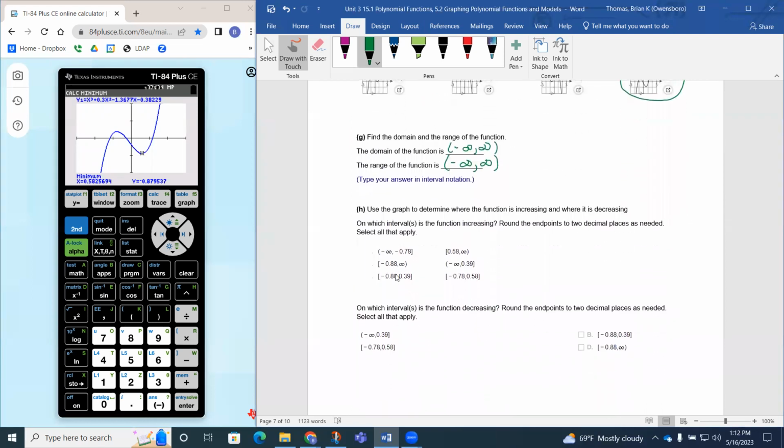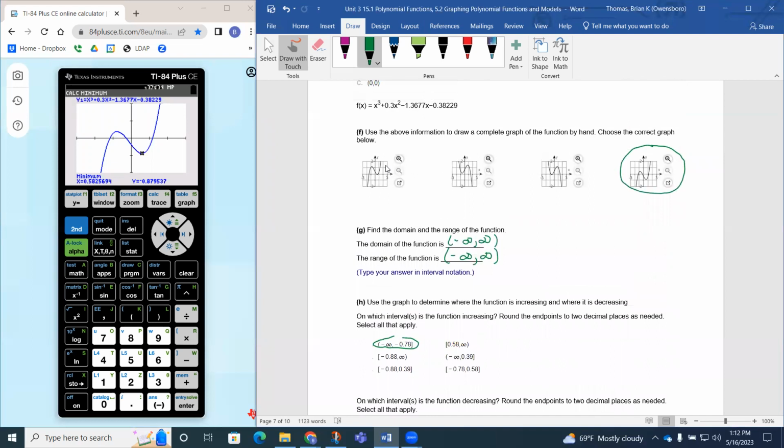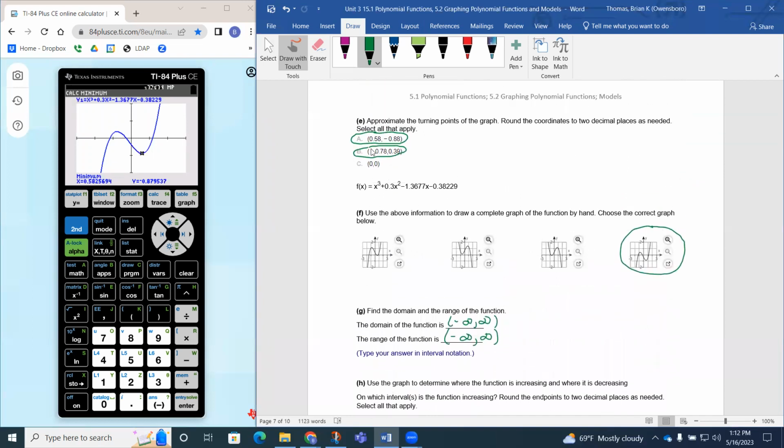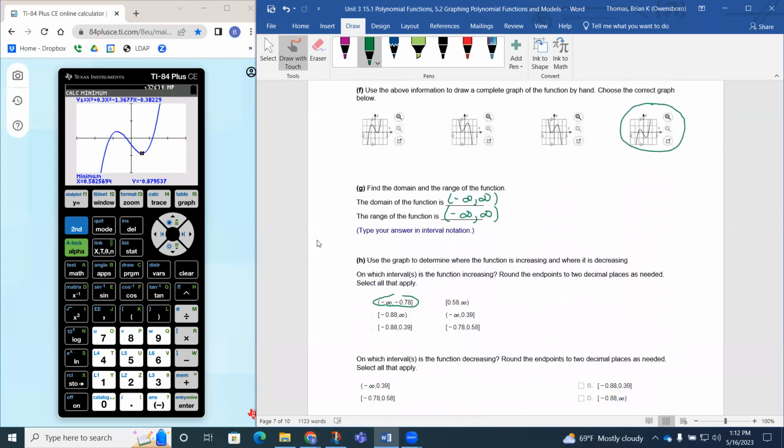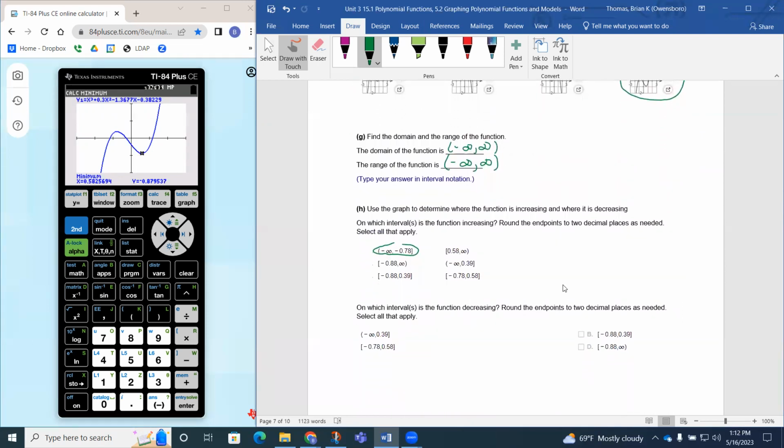So -infinity to -0.78, it was increasing. Notice it was decreasing for a while, and then once it gets to this turning point, it went back up again. What was the x value there? That was that 0.58 at that spot. So 0.58 to infinity would be the other increasing interval. So that would be the other one here, would be that one.